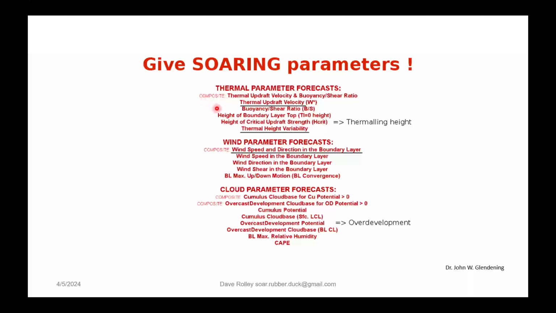We get thermal updraft velocity. We get the height, so we can get the thermaling height. It's interesting. The thermaling height is funny because there's one school of thought that says it's when the thermal drops to 175 feet a minute. And there's another school of thought that says, well, it's when the thermal drops to 225 feet a minute.